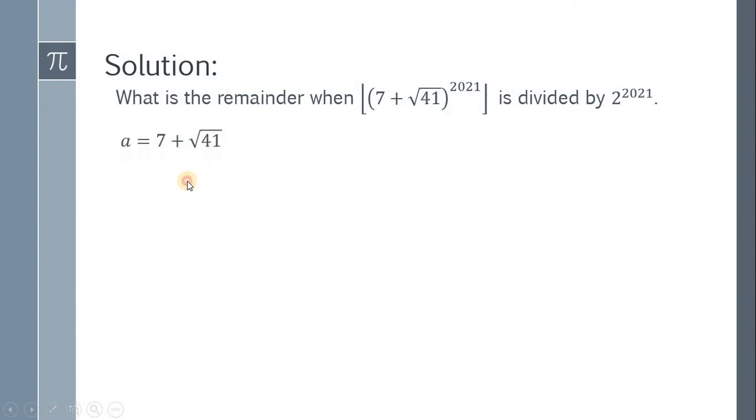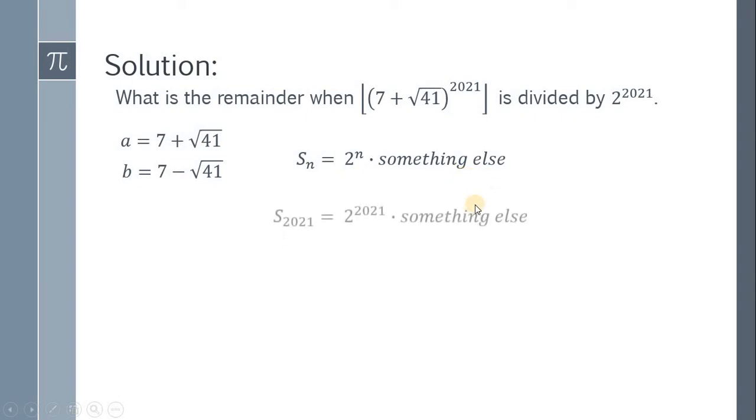So again, yung a natin is 7 plus square root of 41 and b is equals to 7 minus square root of 41. So we have s sub n is equals to 2 raised to n times some number. Next, it follows that s sub 2021 is equals to 2 raised to 2021 times some number.